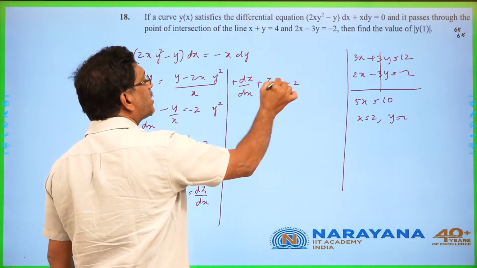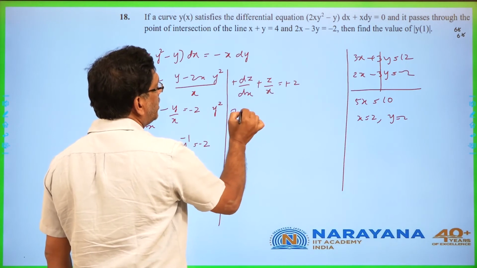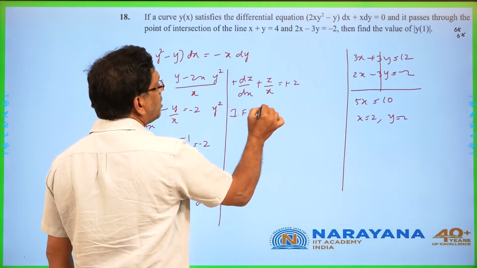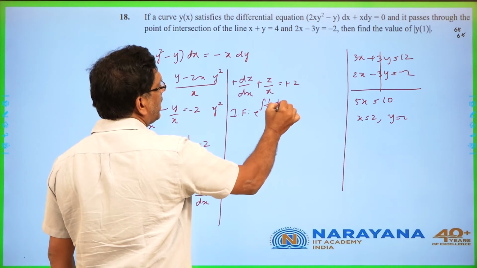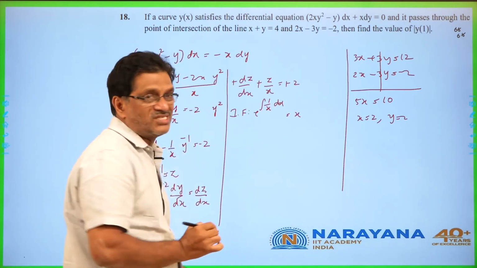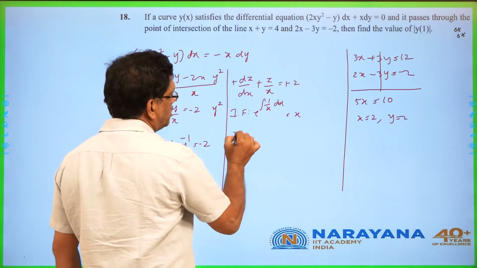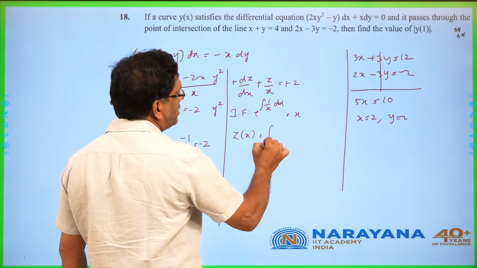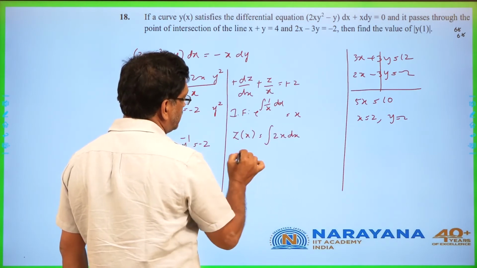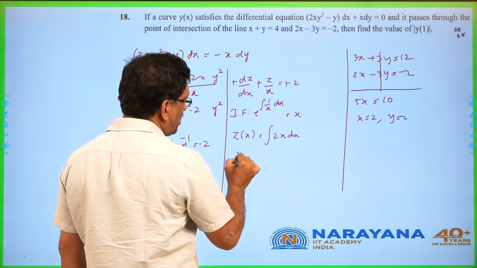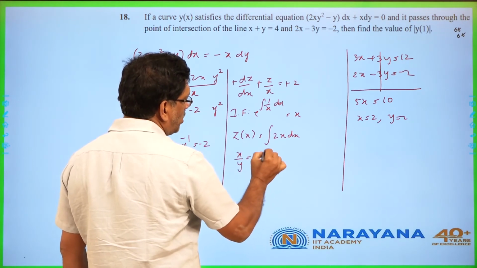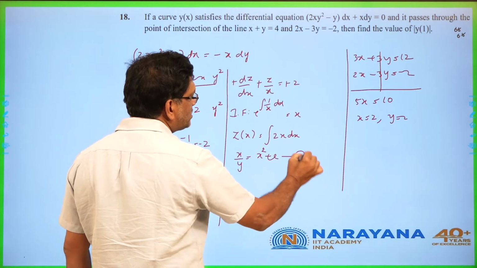Minus throughout I can cancel. So integrating factor e to the power of 1 by x dx, that is x itself. Now solution, z into x is equal to 2x dx. Your z is 1 by y, x by y equal to x square plus c.